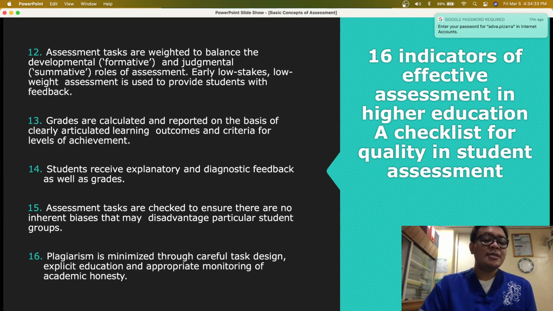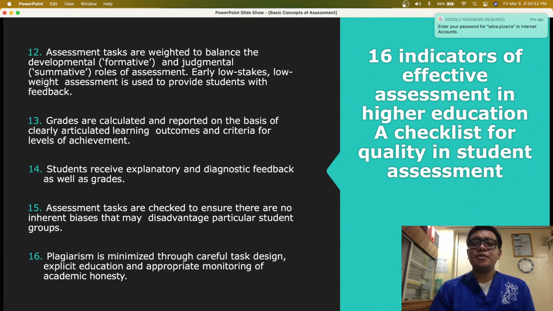And sixteenth is plagiarism is minimized through careful task design, explicit education, and appropriate monitoring of academic honesty. So, just to give a summary of the 16 indicators of effective assessment, it would be best if we have these checklists on our end.